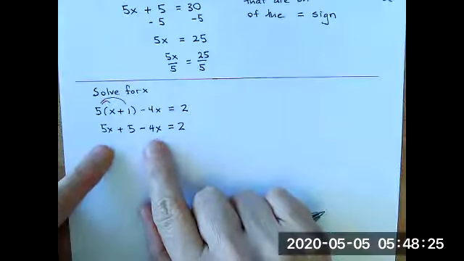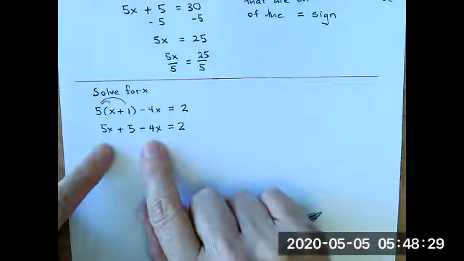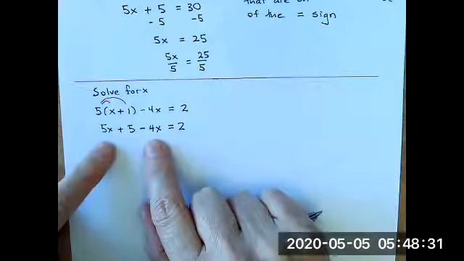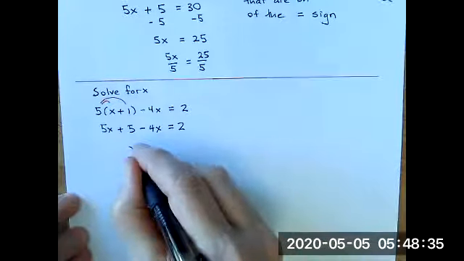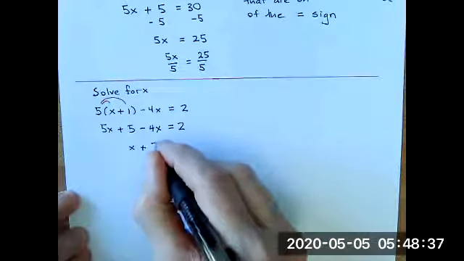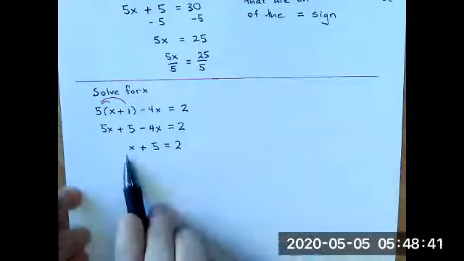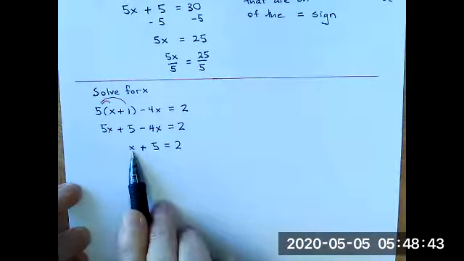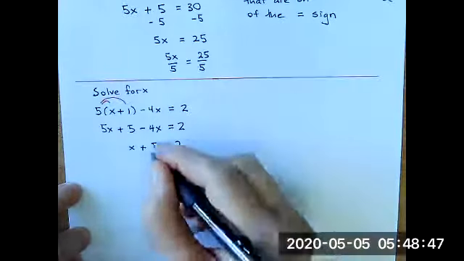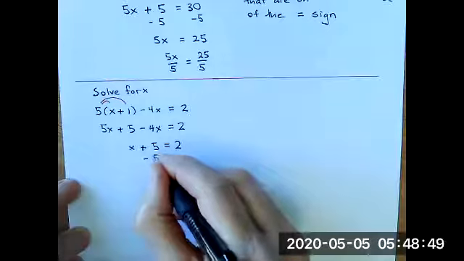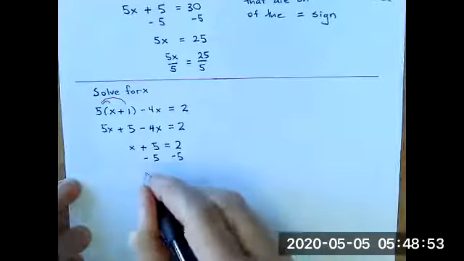These are like terms on the same side of the equal sign, so I'm going to combine those. 5x and negative 4x make 1x. Remember, if you have 1 times x, you don't have to write that 1. And then we'll subtract 5 from both sides. We get x equals negative 3.